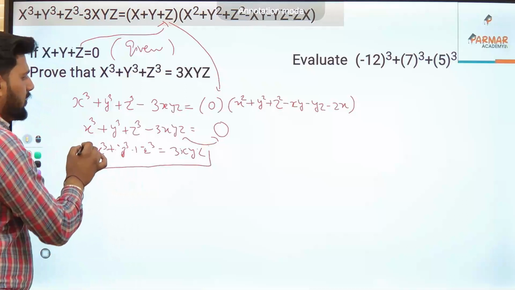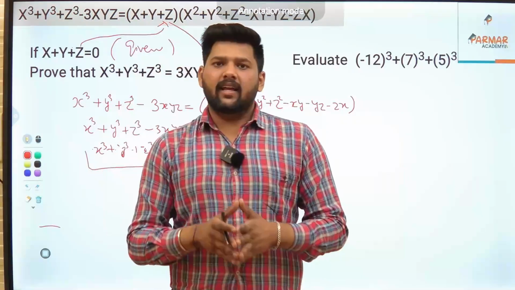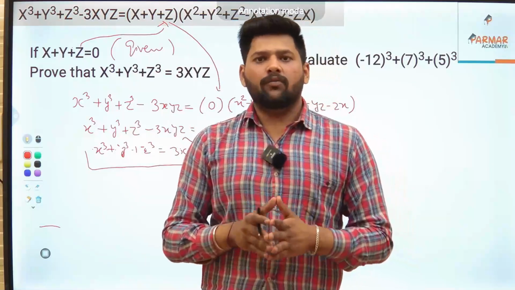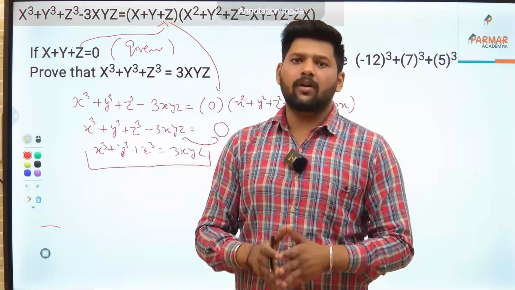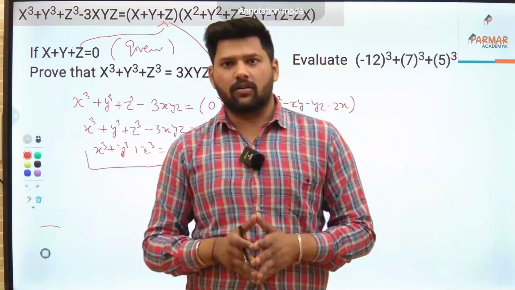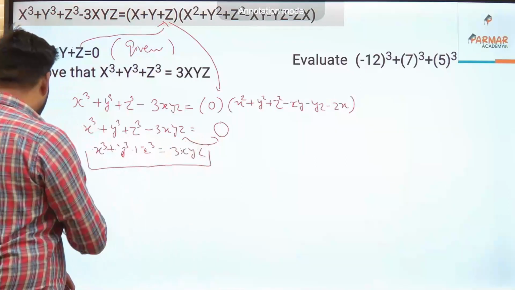That is the complete solution, that whenever x plus y plus z equal to 0, the sum of cubes of the variables, that means x cube plus y cube plus z cube, is equal to 3 times the product of the 3 variables. Now we will solve one question based on that.